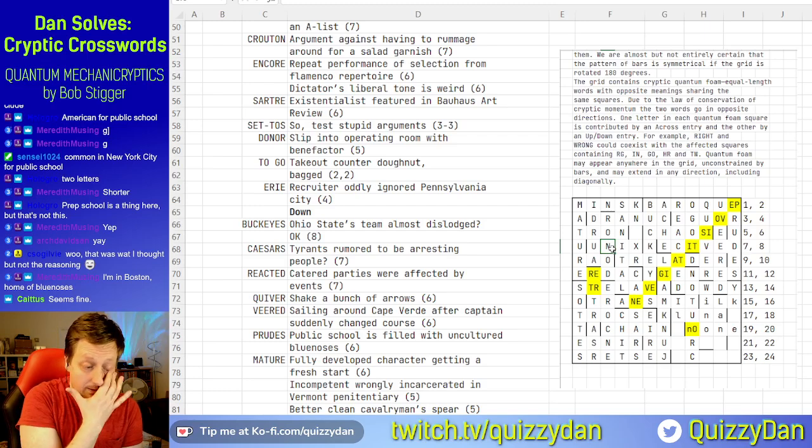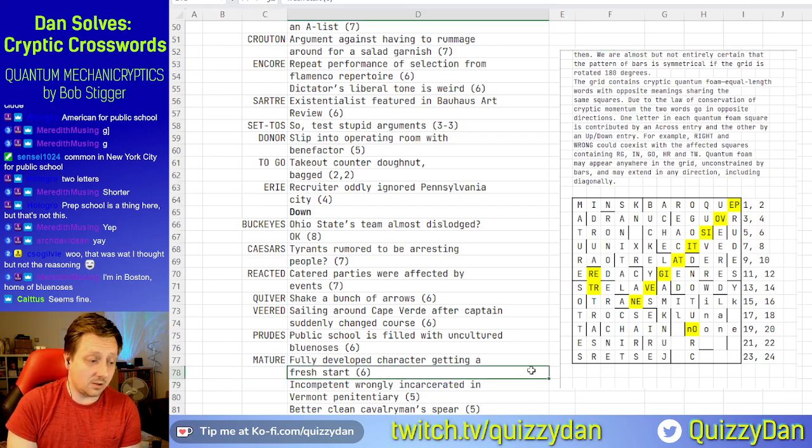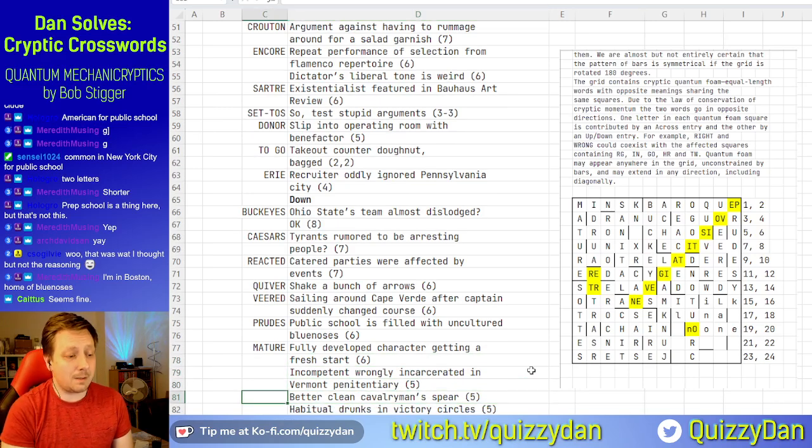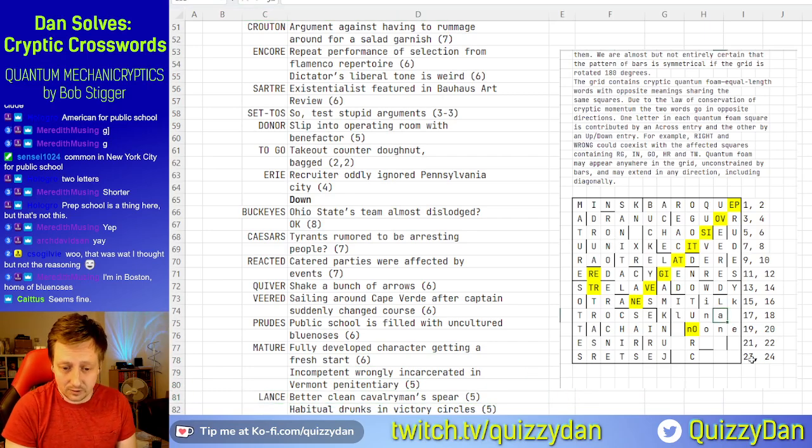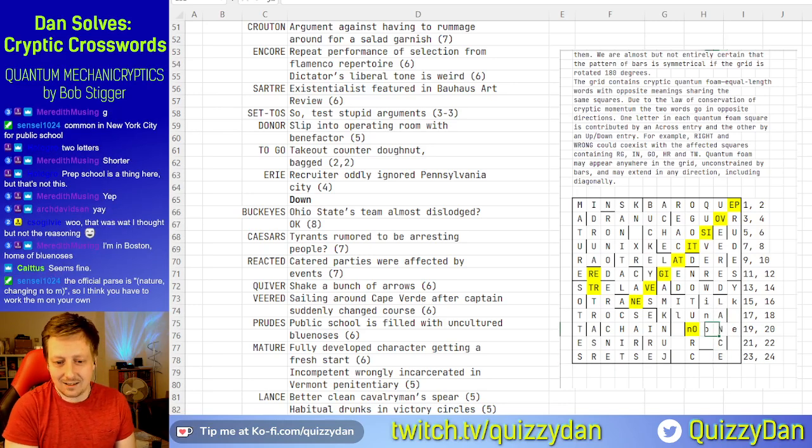I'm going to come back to it, because I've just spotted what this next one is going to be. Better, clean, cavalry spear. Better is your anagram indicator. We're going to make clean better to lance, and we've got lance in here, because that gives us none. And actually no one, funnily enough. And then Luna will then fit. So I just wanted to put that in.